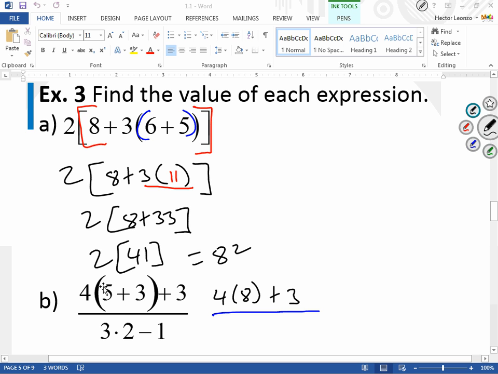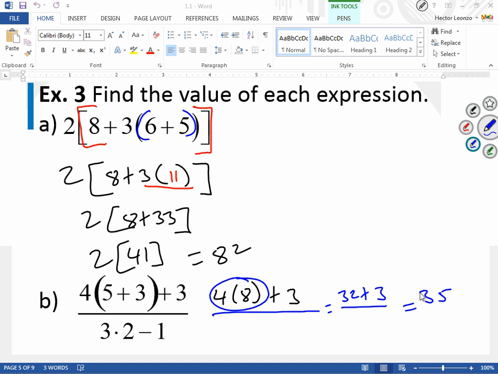Notice how I simplified my group, 5 plus 3, I simplified it to 8, because that was the group first. Now I see no groups, I see no exponents, I see multiplication. Remember, I'm just working the top of my fraction. So I see a multiplication, 4 times 8, that is 32, plus 3. So that's going to simplify to 35. Notice I was just working the top of my fraction.